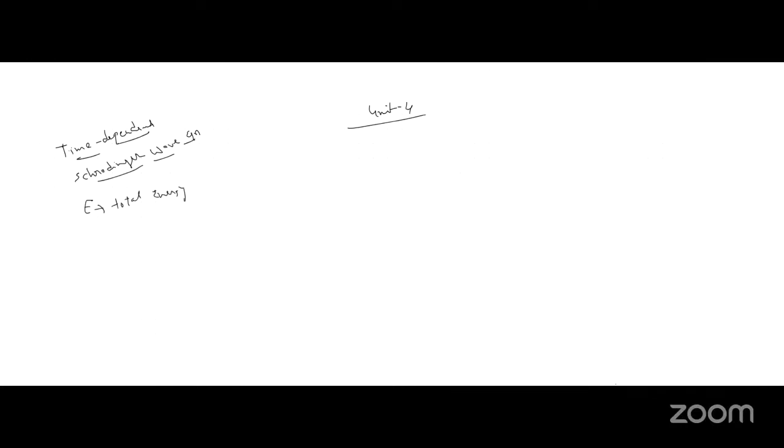If V is velocity or speed, and if m is the mass of the electron, then the energy equals kinetic energy, equal to half mv square. Multiply and divide both sides by m. We will get m square v square by 2m.